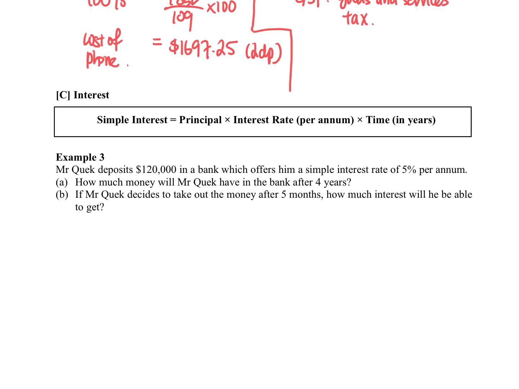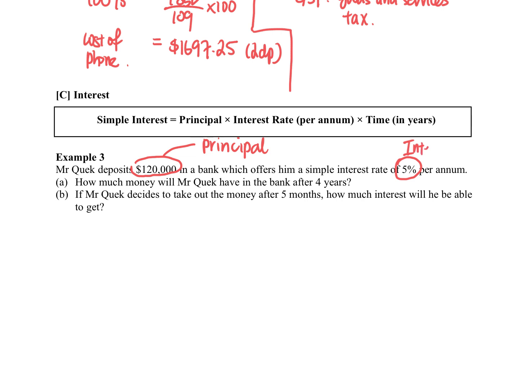So Mr. Quack decided to put this amount in the bank. This amount, we call it the principal amount, the original amount you put inside the bank. It's going to give him an interest.